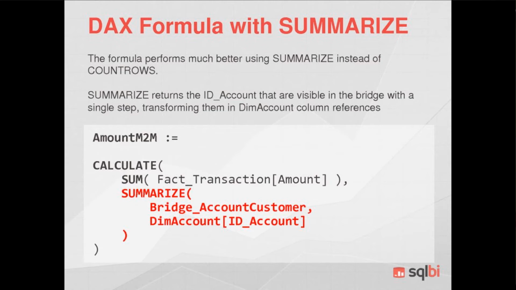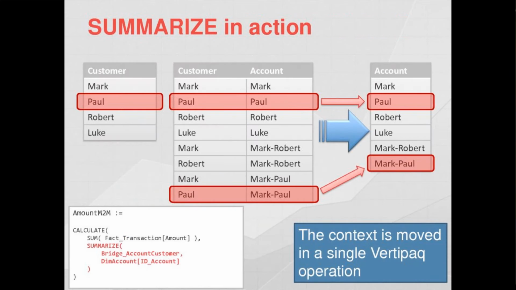Remember, our task is moving the filter from one table to another table. Before we did it with an iteration using FILTER, now we are doing the same task with SUMMARIZE. Let's see how it works. We start as before, with a filter on Paul. The filter is automatically propagated to the bridge table, and then we have our formula.